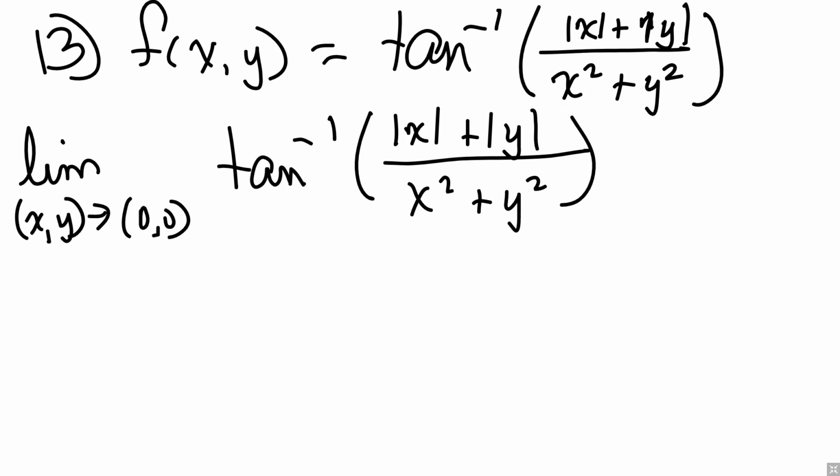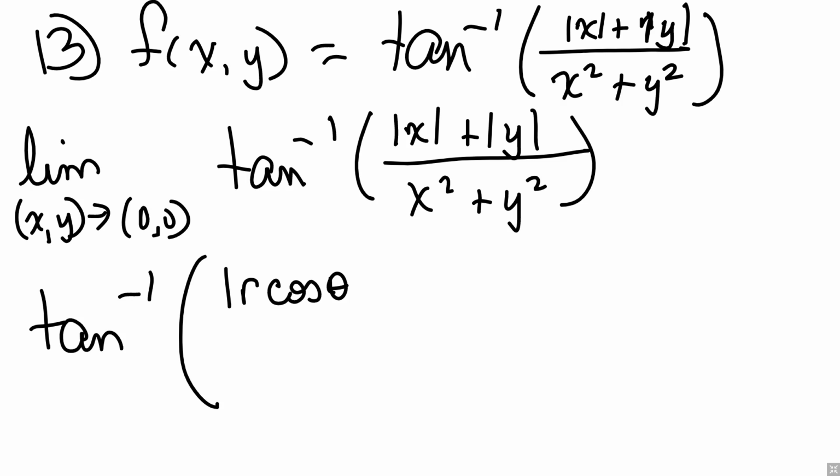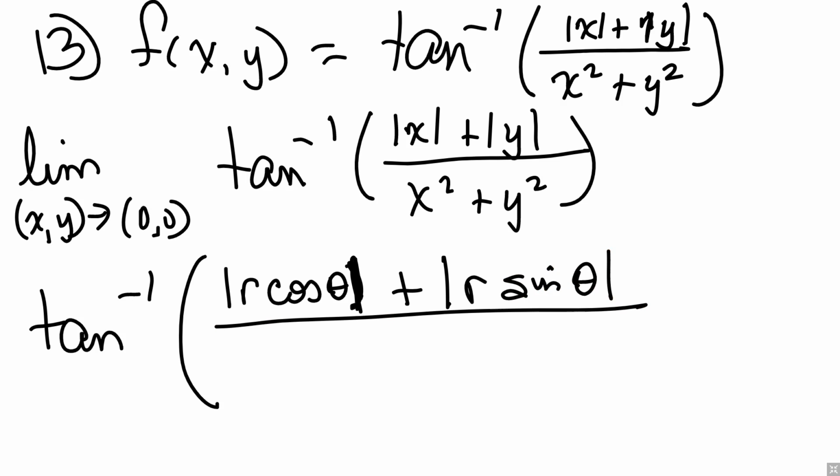If we convert it to polar, we have the tangent inverse of, in place of x, the absolute value of r cosine of theta, in place of y, r sine of theta, over x squared plus y squared, which is equal to r squared.